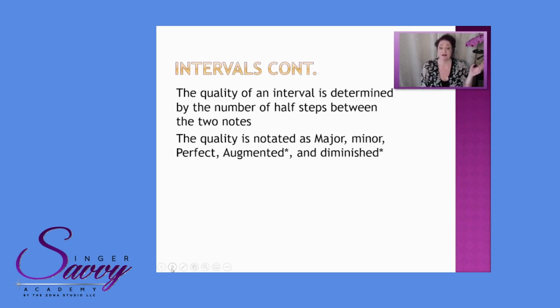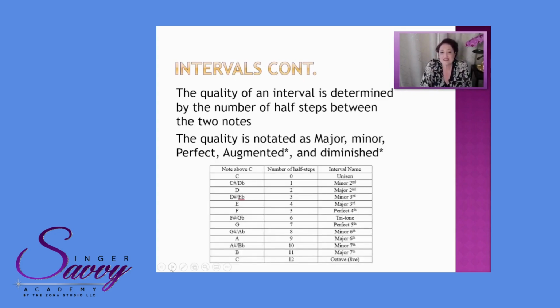It can be a major third, it can be a minor third, it can be an augmented third. It can be a diminished third. Okay? So the quality changes the way that it sounds. It is a third because of how it looks on the staff. All right?